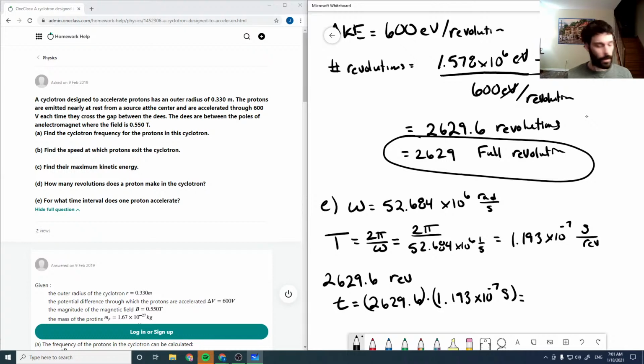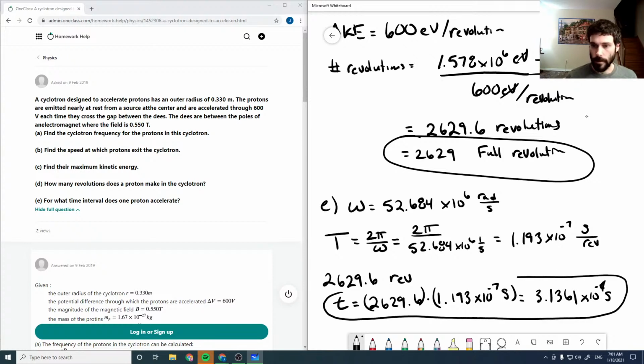Okay, and so that comes out to be 3.1361 times 10 to the minus 4 seconds. So then that's the time that a proton spends in the cyclotron.